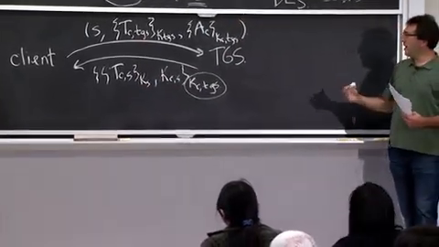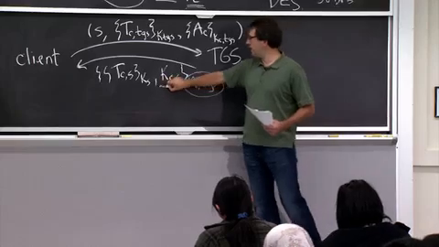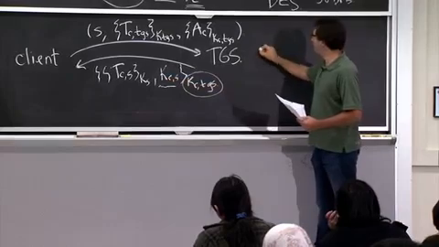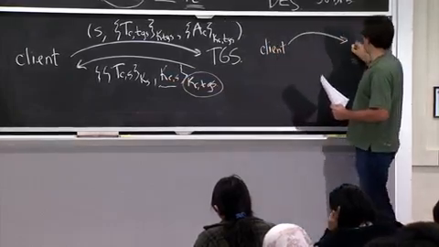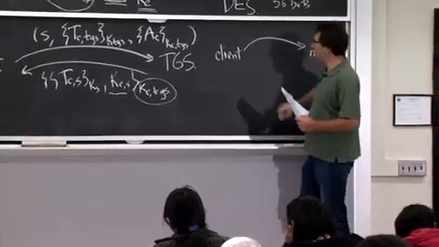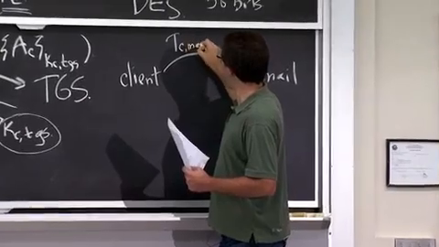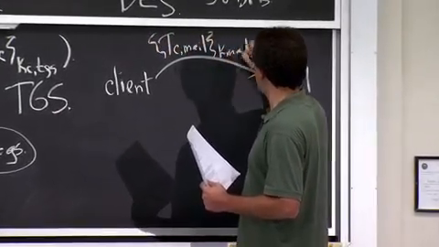And then we can actually have an encrypted conversation with the mail server using this new key, KCS. So what I might do as a client is initially send some message to the mail server that includes this ticket, TC mail, encrypted with the key of the mail server.